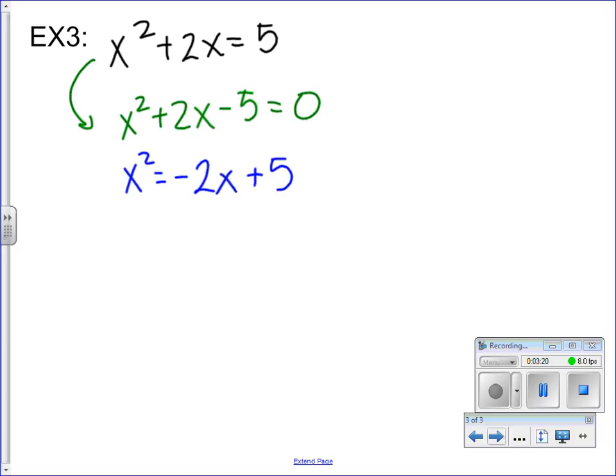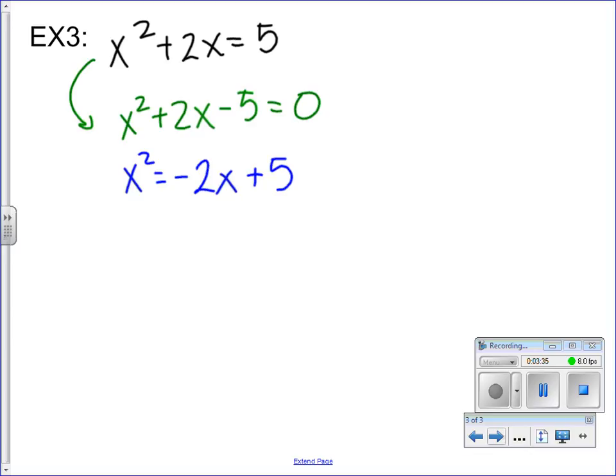If you're having trouble seeing that, write it out on the side. Make sure you understand it before you move forward in the video. Okay, we're going to do one more. Actually, we'll do 2 more.